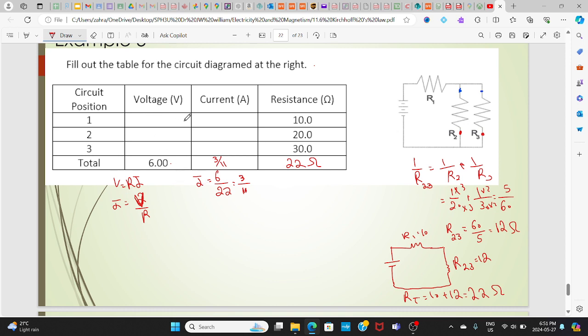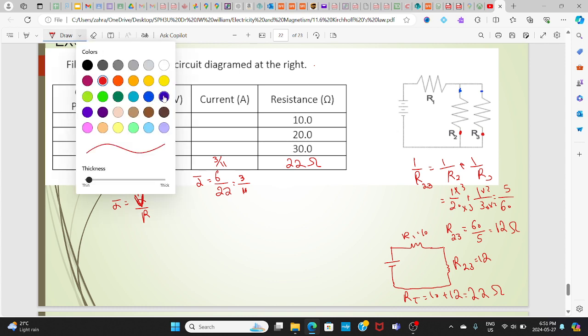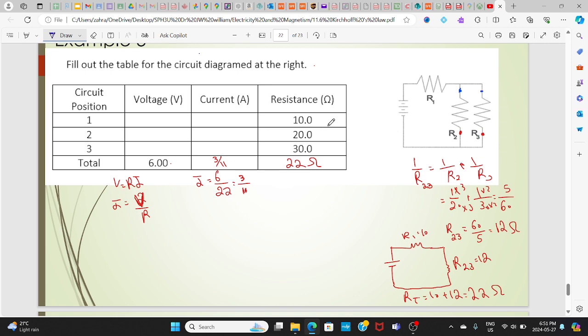Now I need to figure out the rest. How do I do that? These are the steps. Here, I can find the voltage across R1. How? Because voltage is Ri, right? Do I have I?